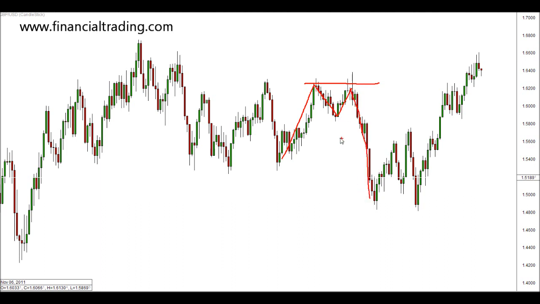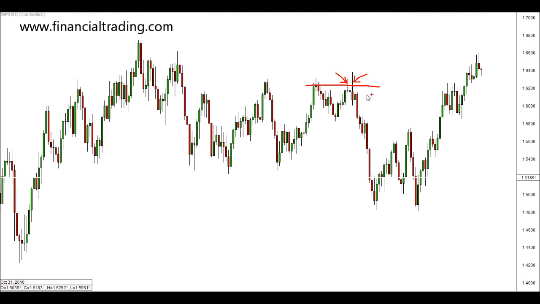So what's an early signal of a double top or double bottom? Quite simply, it's rejection against the previous push. So this level here, you'll see we have a doji and then a big pin bar.